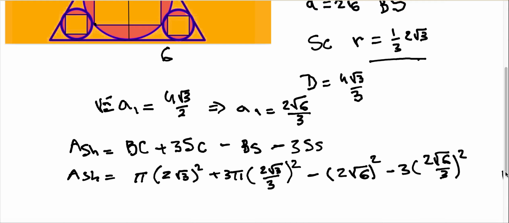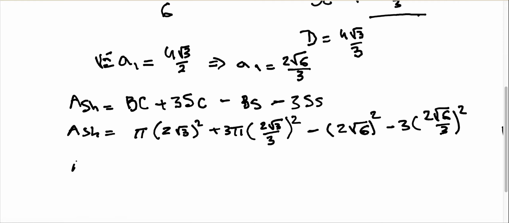And now when we simplify here, the area of the shaded figure is going to be 12 pi plus 4 pi, I forgot to write pi here, minus 24 minus 8.